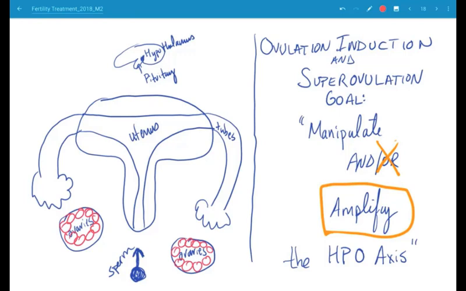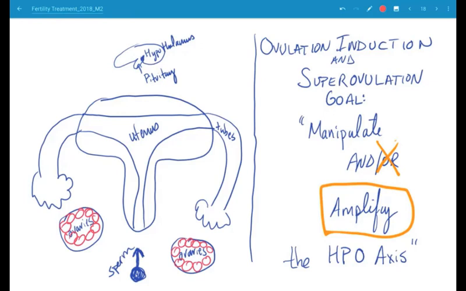Now, there are certain clinical circumstances where, for example, a patient is 42 years old and amplification is only going to get you 3 follicles. But IVF is a window into the inefficiencies of human reproduction.